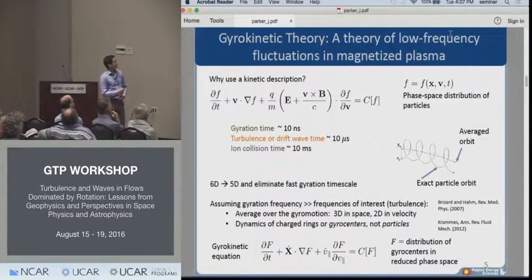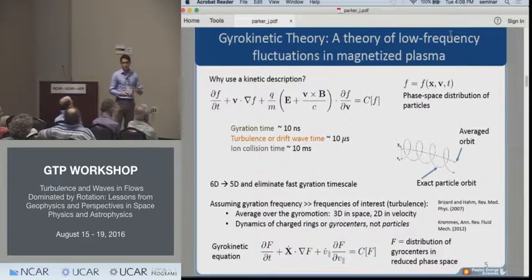But the turbulence timescale is also much longer than the gyration timescale for a charged particle to gyrate about a magnetic field line. Because of that separation of timescales, you can average over that motion and not only go from 6D to 5D, but also eliminate that fast timescale.